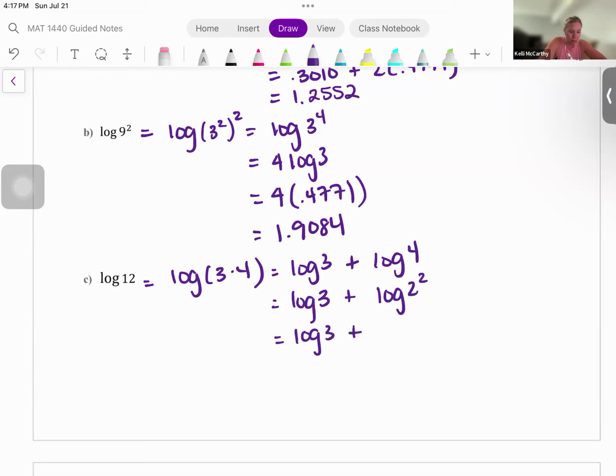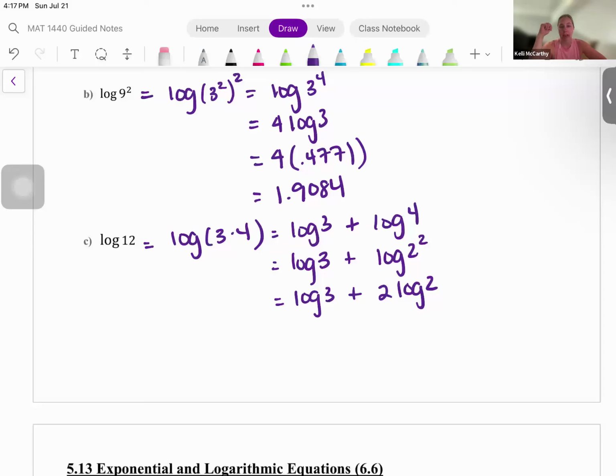So log of 4 can be written as 2 times log of 2. And now we can substitute in the values for log 3 and log 2. 0.4771 plus 2 times 0.3010 gives me 1.0791.